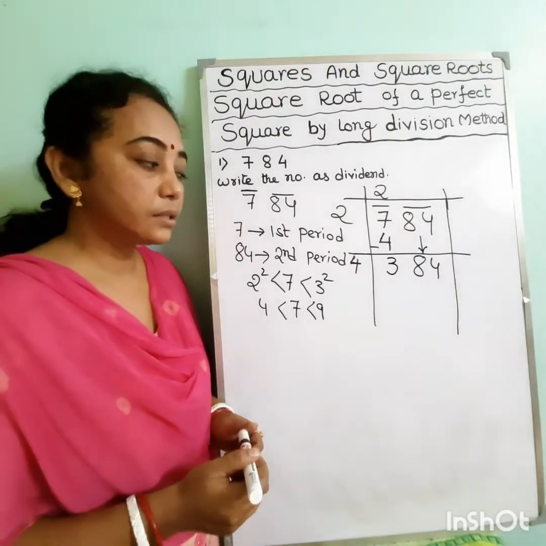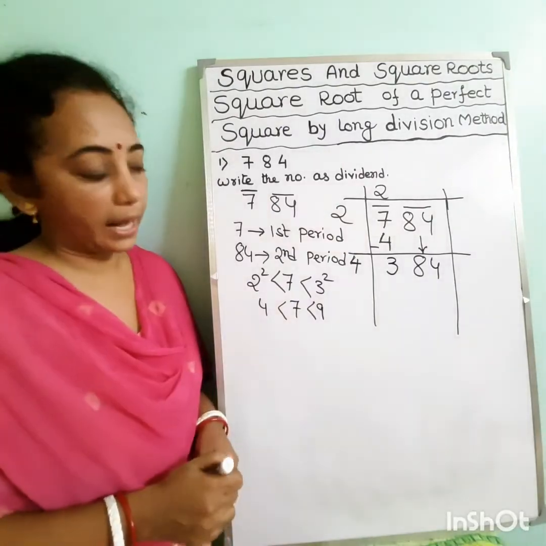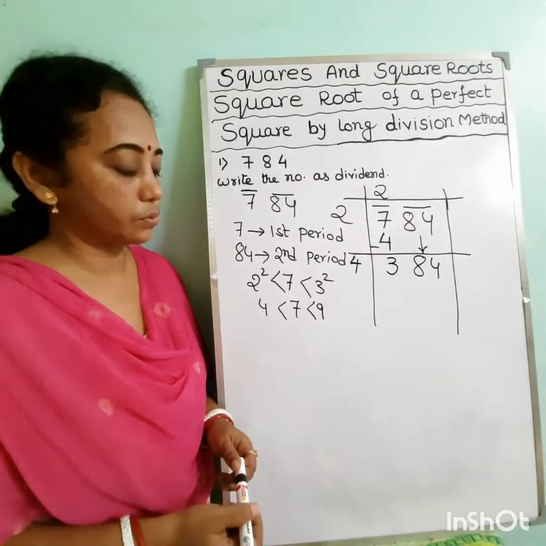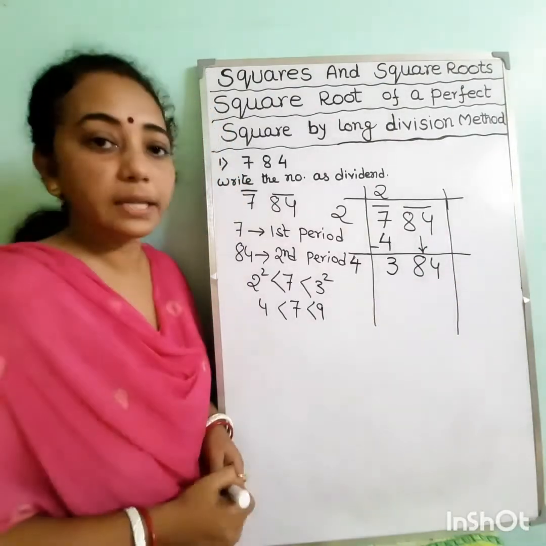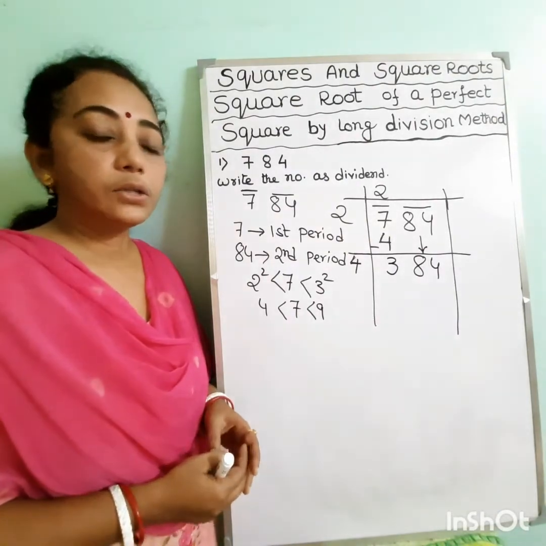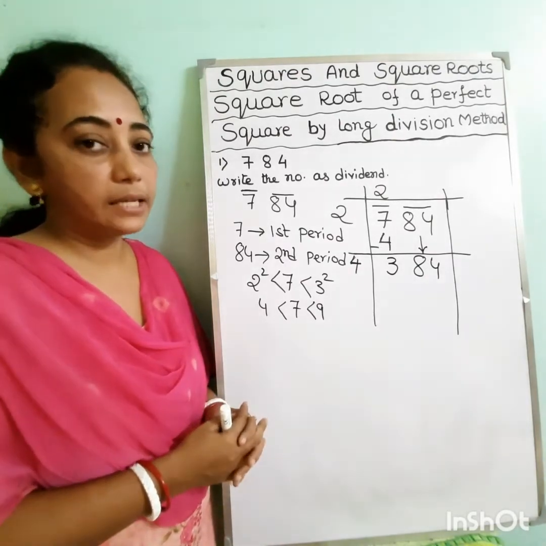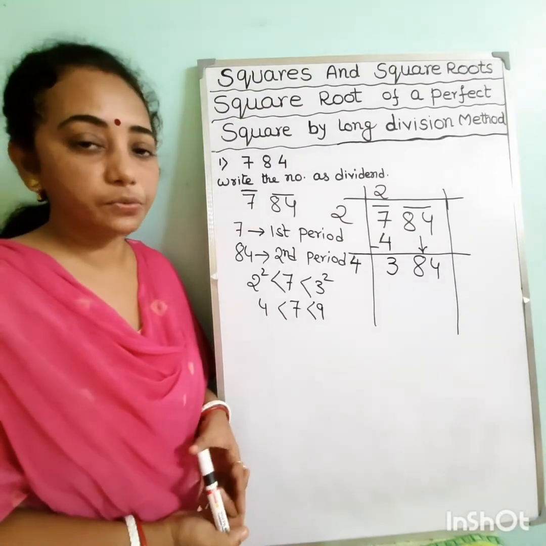And this digit which we place here also becomes the new digit of the quotient. So here we see the number present in the unit place, that is 4. Which square number will give 4? 2 square will give 4, and if we write 8, then 8 multiplied by 8 will give 64. That means again the unit place will come 4.